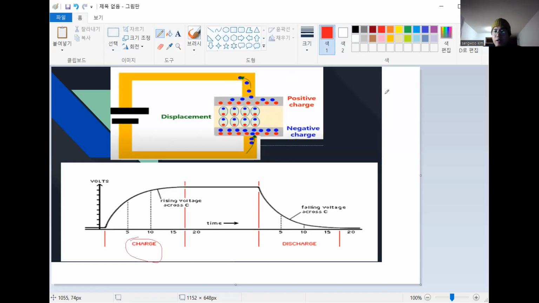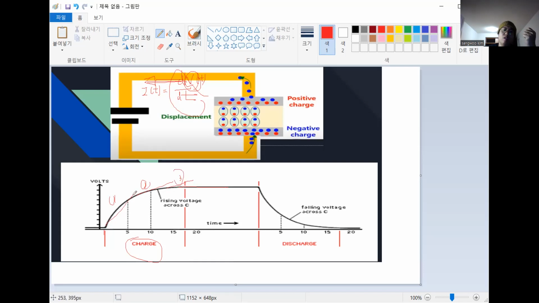There is one equation you have to remember: in the C, i = C dv/dt. As time goes by, if the voltage is changing, current flows. Look at the slope here: 1, 2, 3.